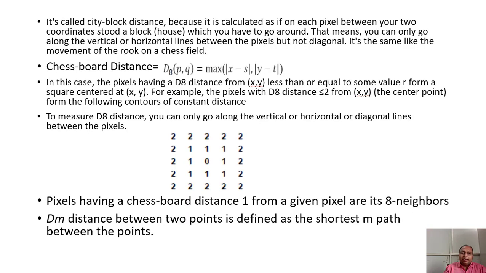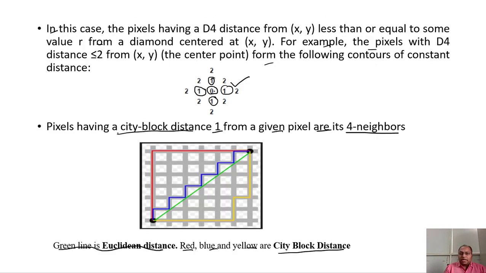Let us talk about the next slide. It is called city block distance because it is calculated between your two coordinates as if each pixel stood as a block. Whenever we calculate city block distances between different pixels, we have to traverse a particular path, because there is a limitation: either we can traverse in a vertical straight manner or a horizontal straight manner.